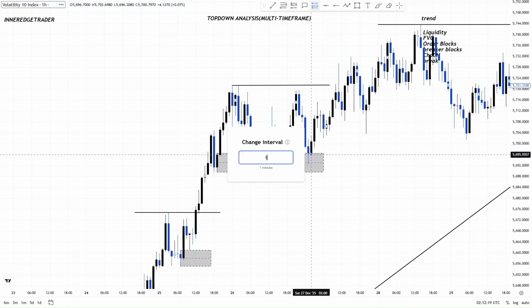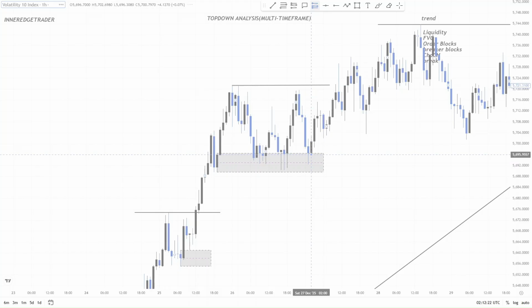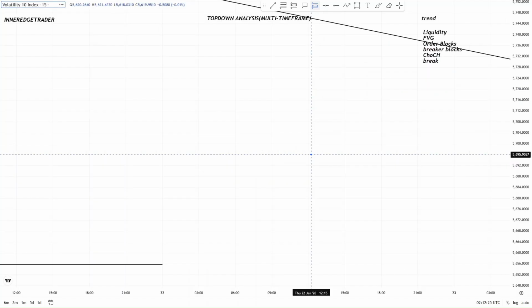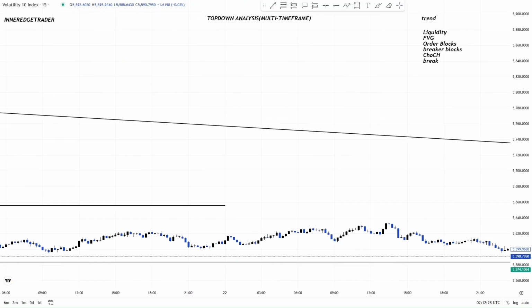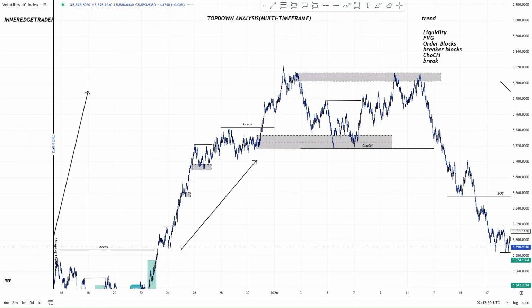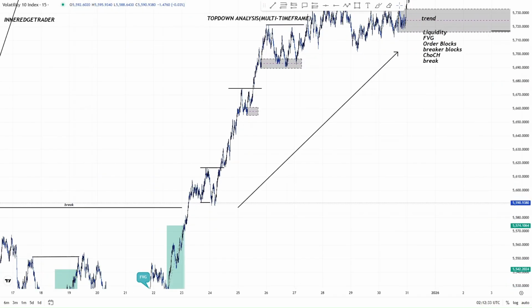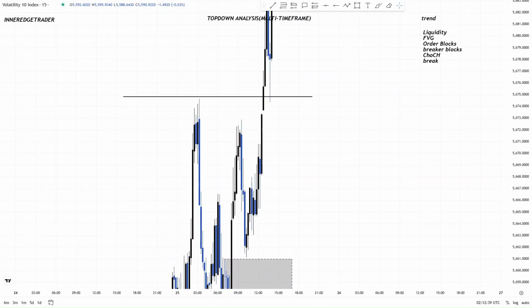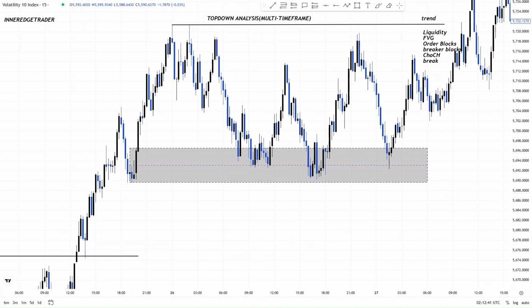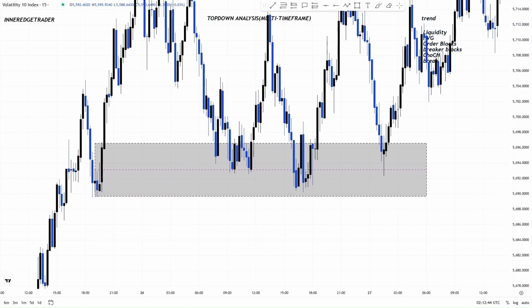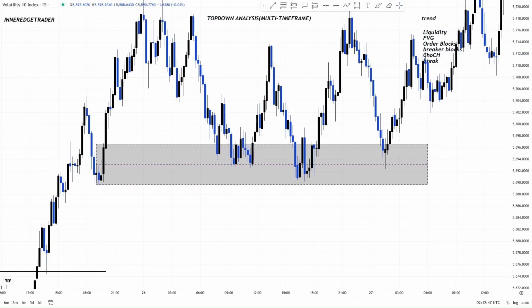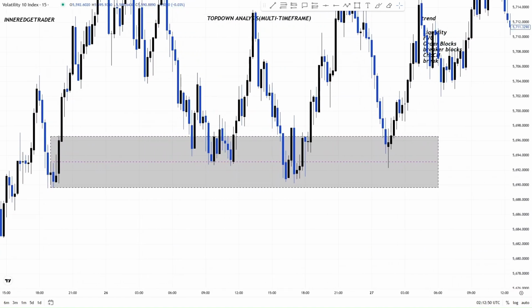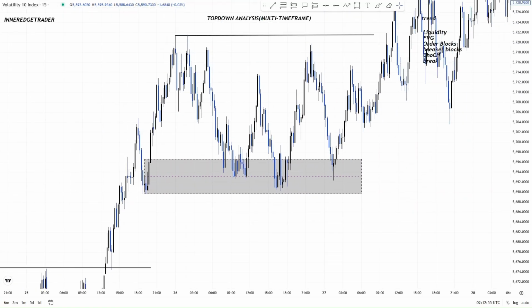Because you'll be moving to the 15 minutes time frame at this point to see how you enter. Because once price reacts, constantly, always on the 15 minutes frame. So even though the reaction was small, the 1 hour block confirmed that. As you can see on the 15-minute time frame, there was a little break that happened above here.